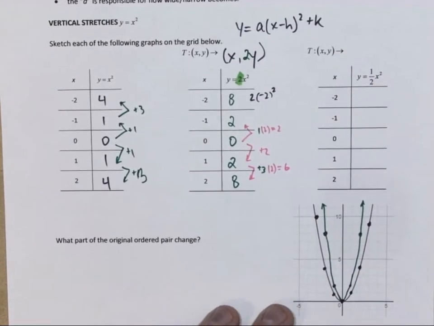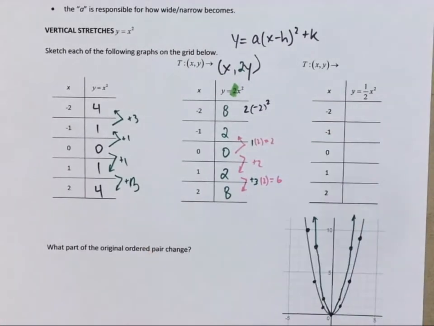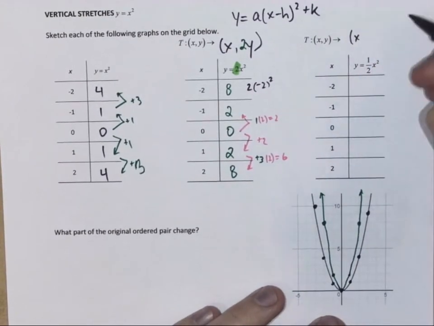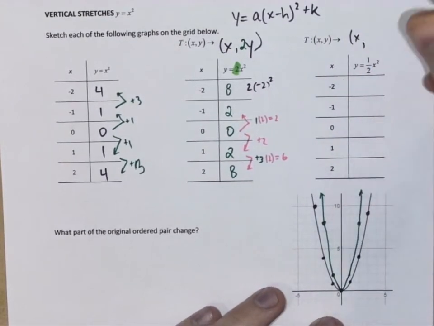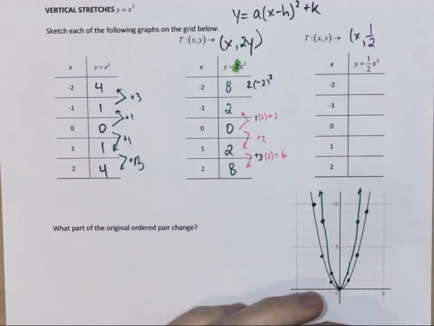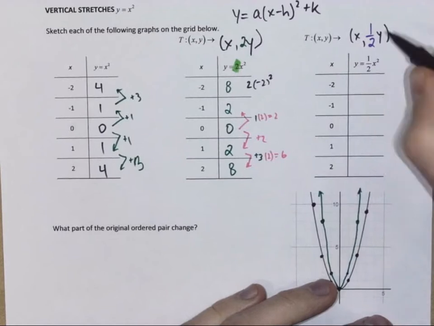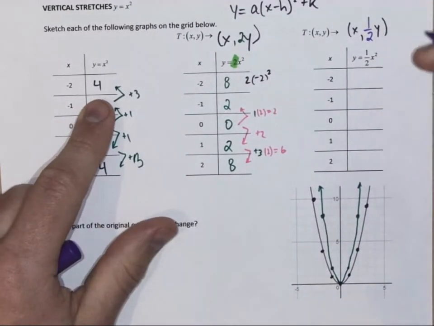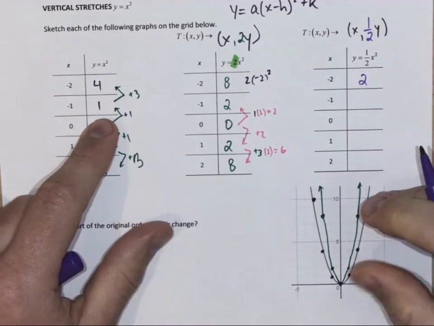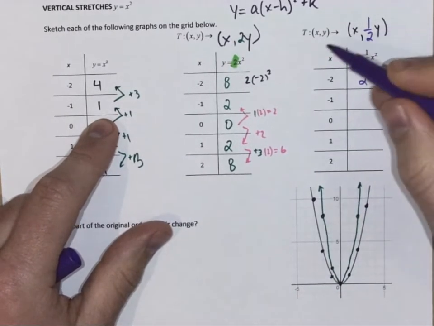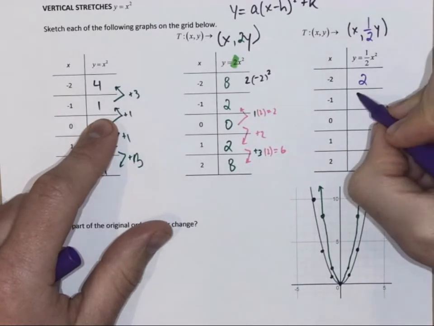If I use a different color just for my next one, I think the same thing. The x is going to remain the same, and the y is going to be half what it should be, or times a half. So 4 times a half, or 4 divided by 2, is 2. 1 times a half, or 1 divided by 2, is a half.